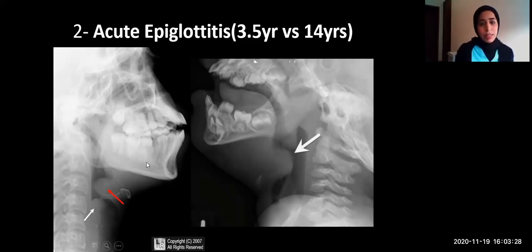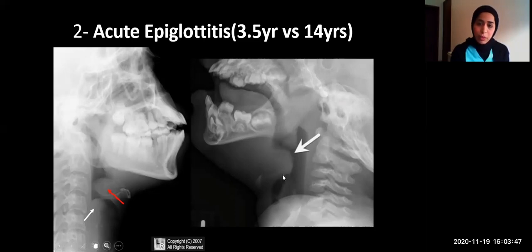These are two different patients, lateral radiographs of the neck showing significant and severe inflammation of the epiglottis. Okay, so this is the epiglottis here in this scenario, while it is here in this other patient.